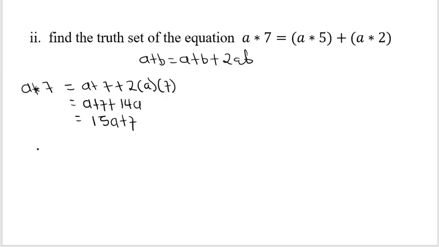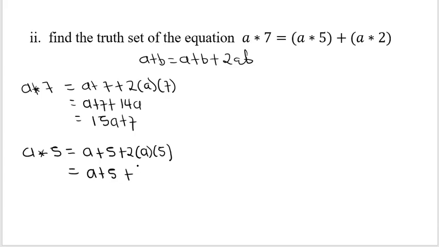We have A plus 5 plus 2 times A times 5, and that is 10A. So A plus 5 plus 10A is going to give us 11A plus 5.